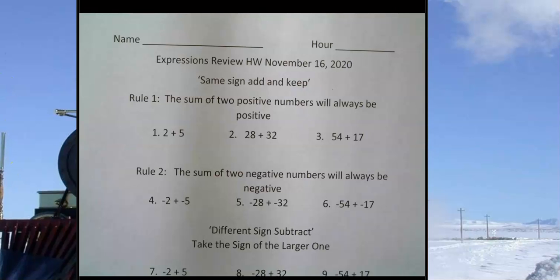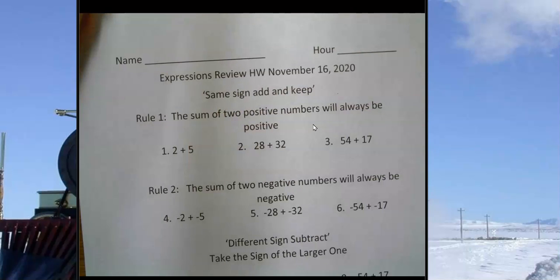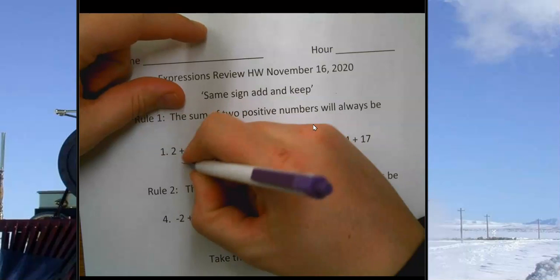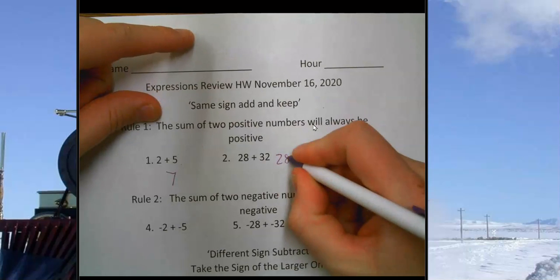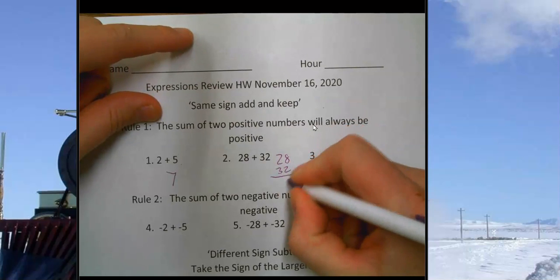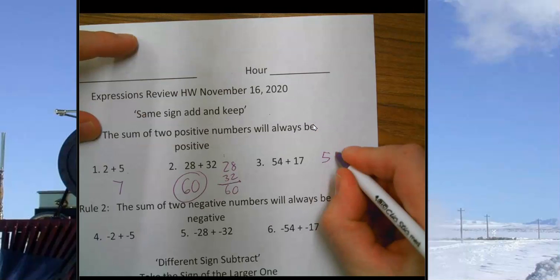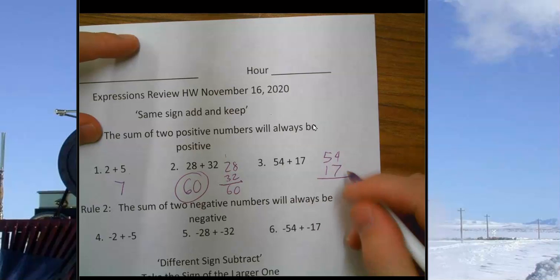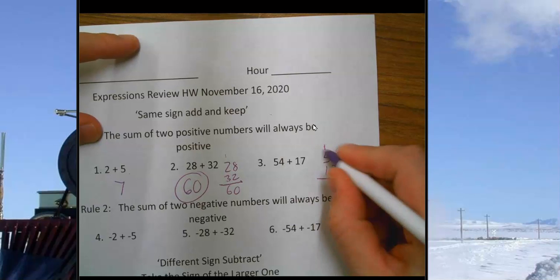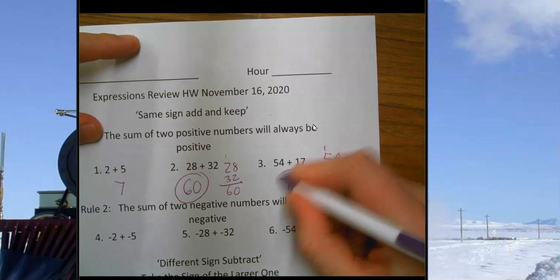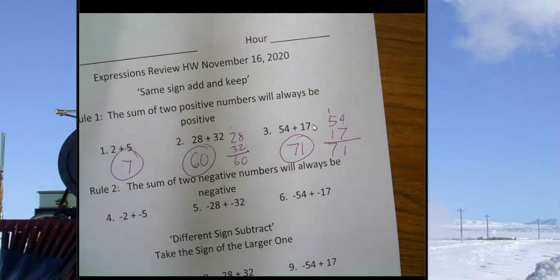So if you were looking at integers and they are both positive, your answer will be positive. You just straight up add them. 2 plus 5 is 7. 28 plus 32 is 60. And 54 and 17 make 71. It's just straight up add them.